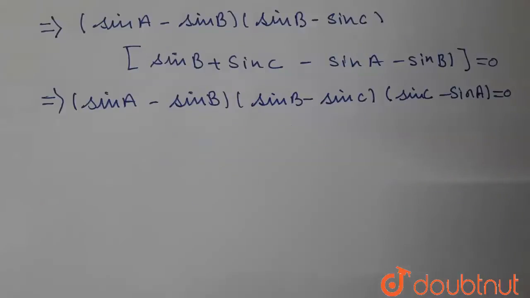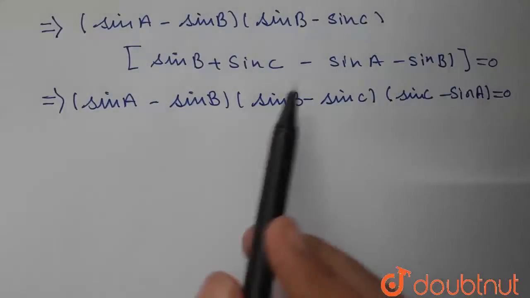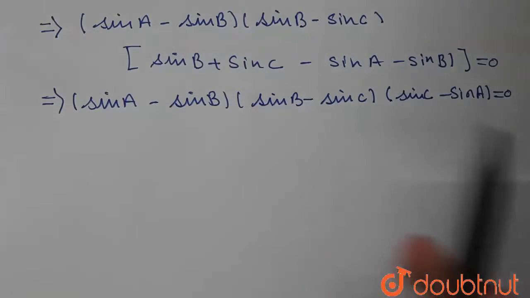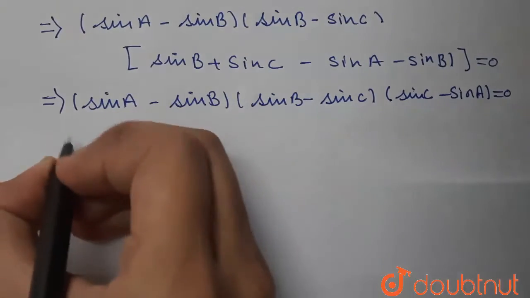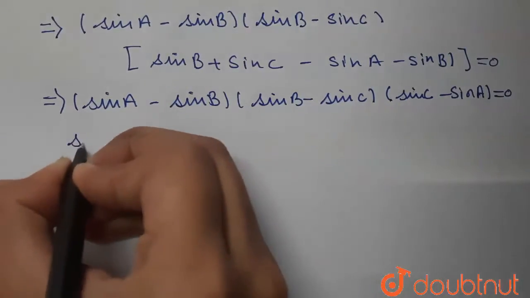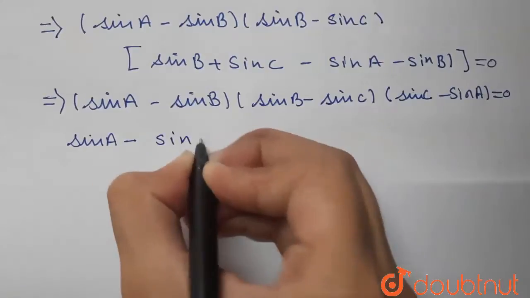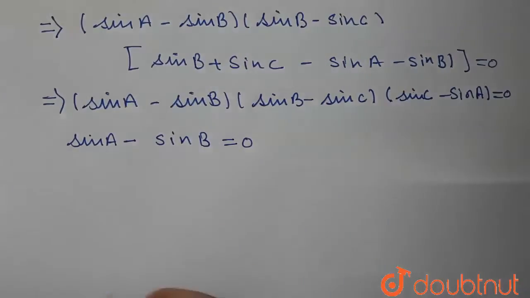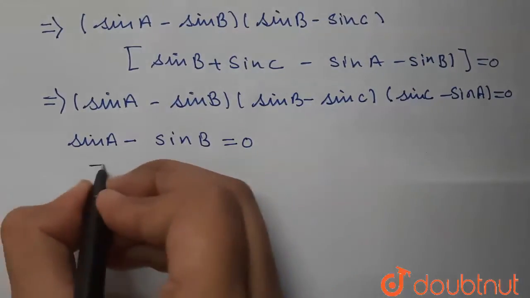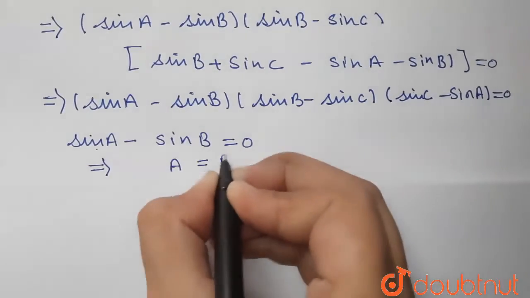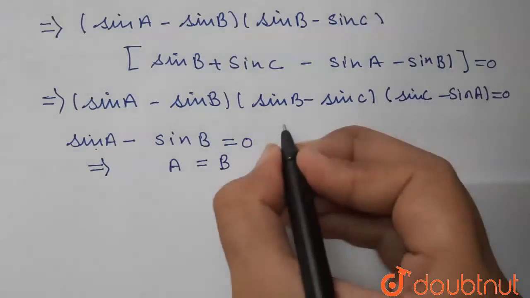So when this thing is equal to 0, either one of these or all of these will be equal to 0. So we can say that at least one of them would have been 0 to make the whole term equal to 0. So we can say that sine A minus sine B will be equal to 0. If this is equal to 0, this means sine A equals sine B, which implies A is equal to B.